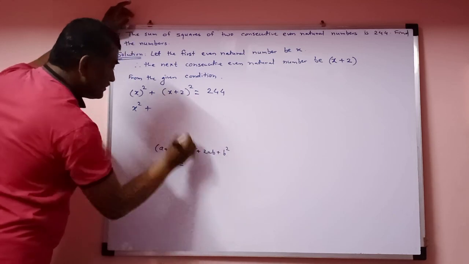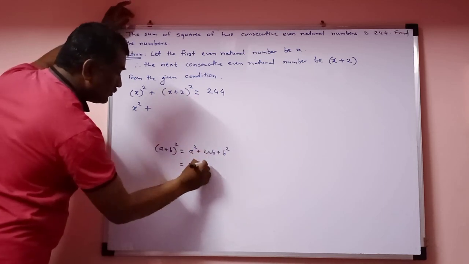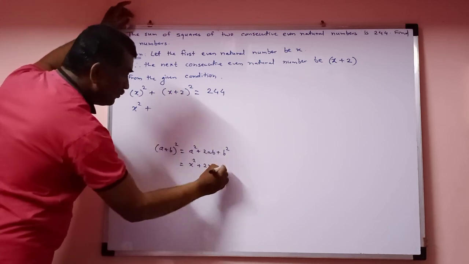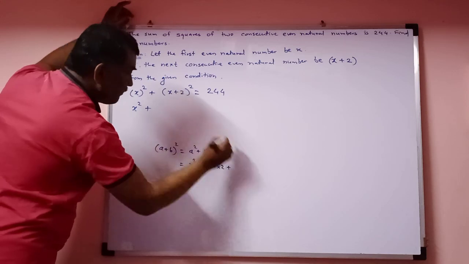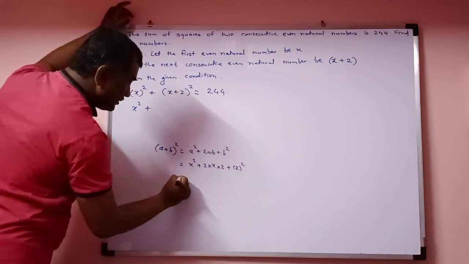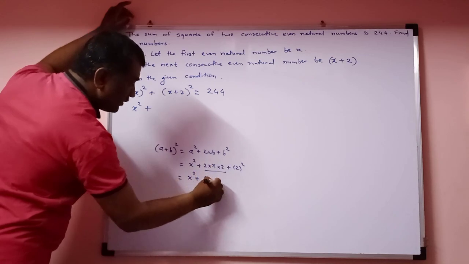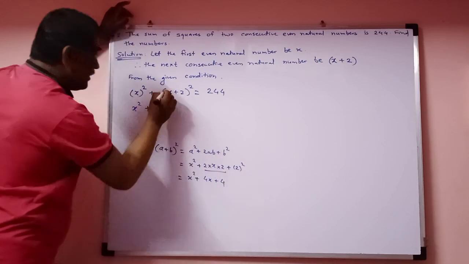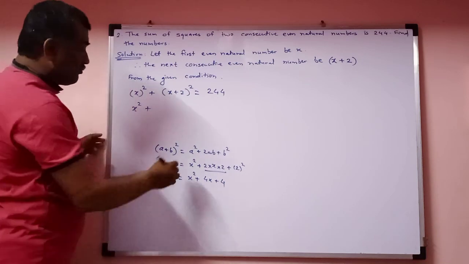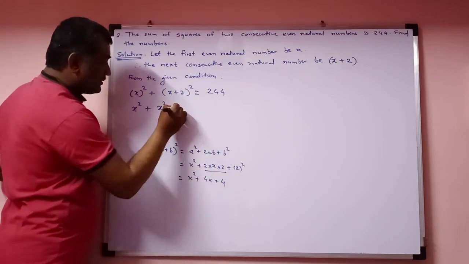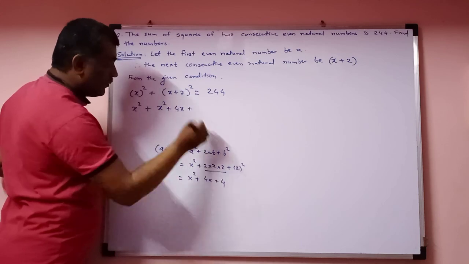a square means x square, plus 2 into value of a x into value of b 2, plus value of b 2 bracket square, is equal to x square plus 2 2s are 4x plus square of 2 is 4. Means x plus 2 bracket square is equal to x square plus 4x plus 4.